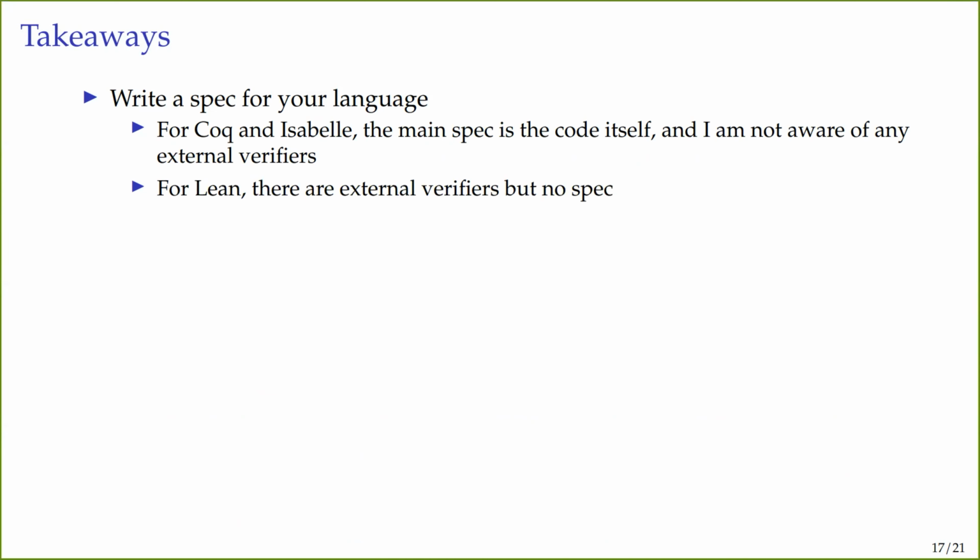For Lean, there are external verifiers, but there's not really a spec that writes down what all the rules are. There is my master's thesis, which covers the rules of the logic, but not the rules of the algorithm. And it turns out that the algorithm is actually somewhat important for being able to check large-scale developments like Mathlib quickly.